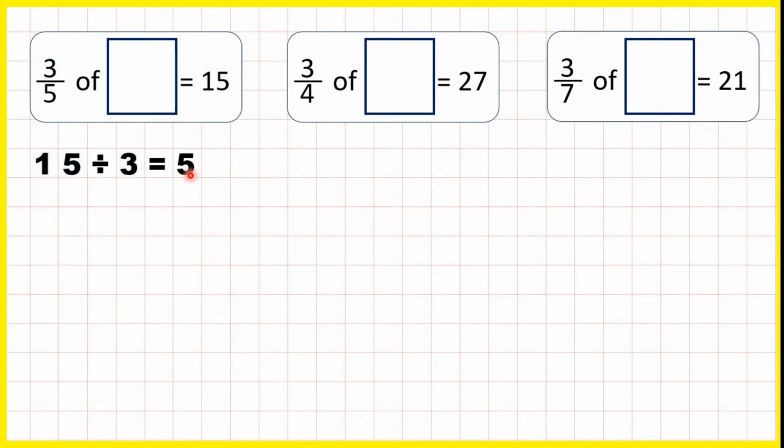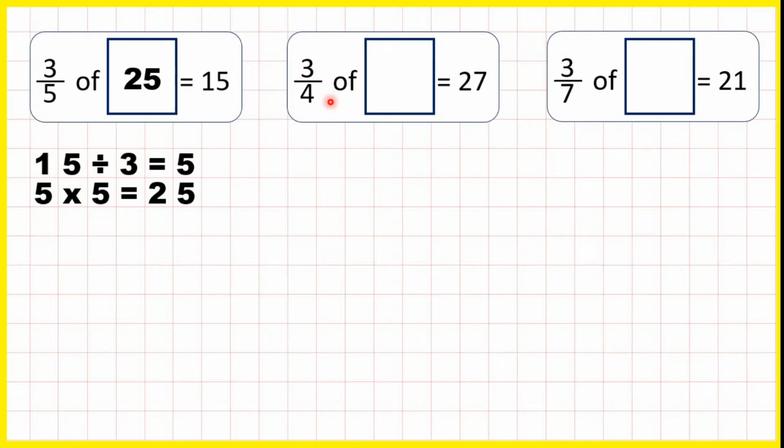That gives us 5, and then we can take that 5 and multiply it by the denominator, and 5 times 5 is 25, so that's our missing number.